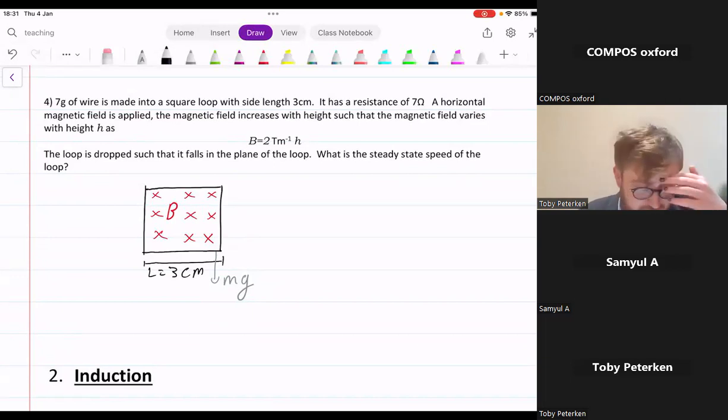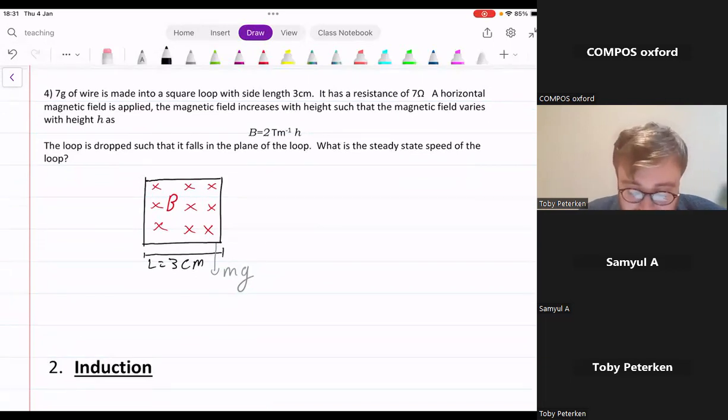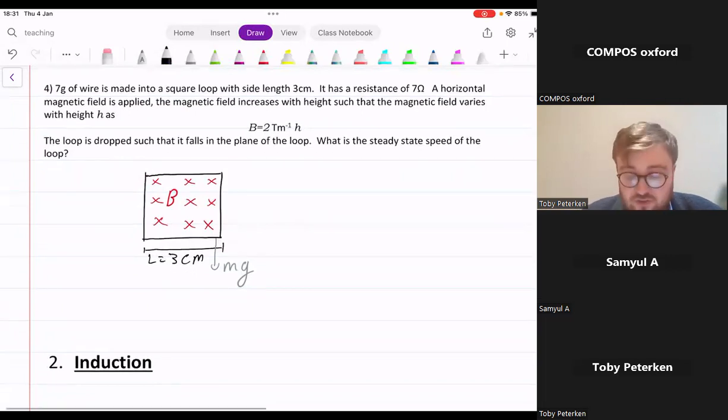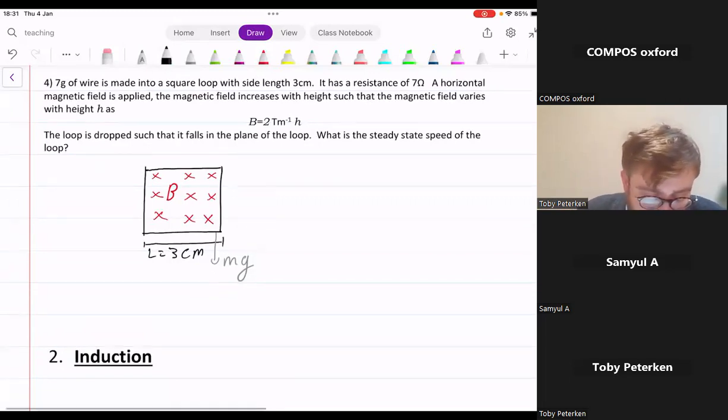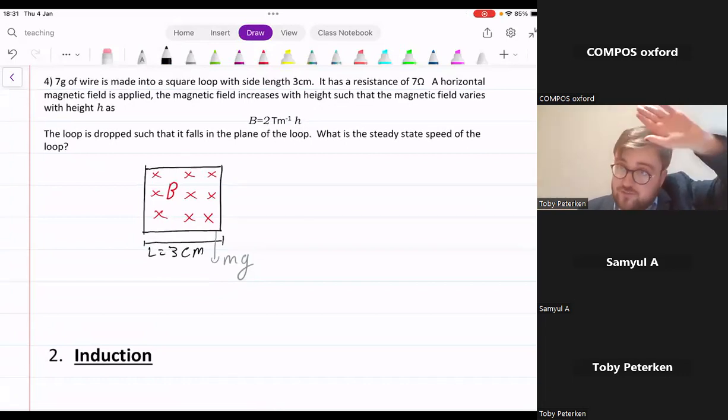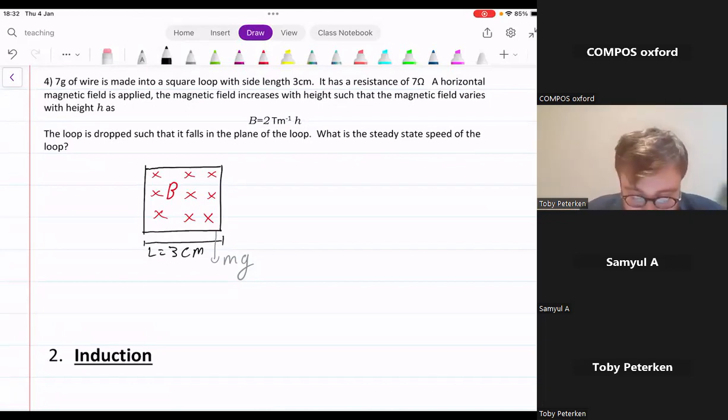It falls through a horizontal magnetic field such that this magnetic field increases with height, such that the magnetic field is equal to 2 times the height we're at. The loop is dropped such that it just falls. It doesn't twist or anything. Let's just assume it falls flat. What is the steady state speed of the loop?